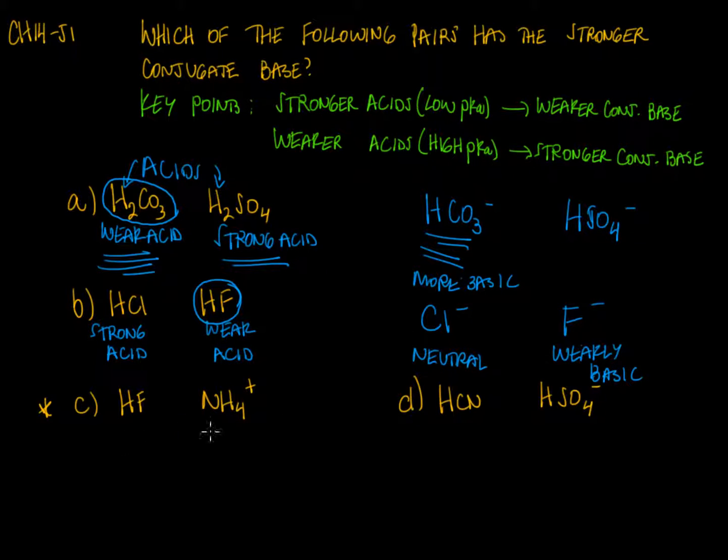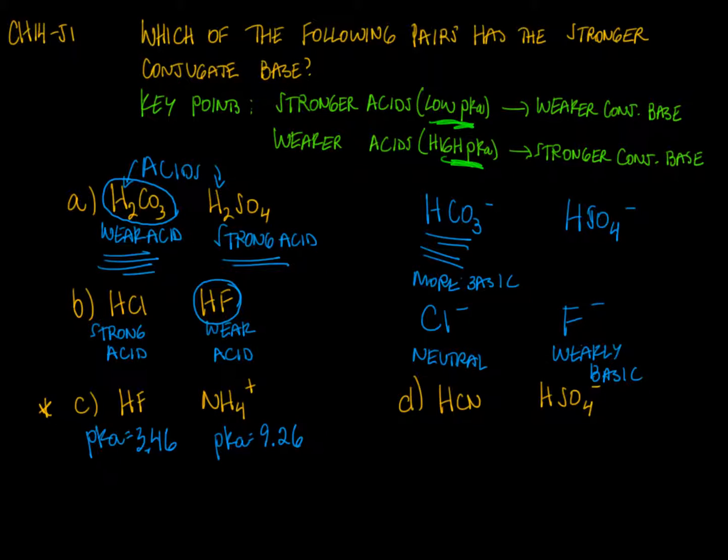All right, here we have HF and NH4 plus, and the textbook tells you to look at Table 14.1 and basically read it off of a table. But I thought I would tell you what the pKa's of these are. The pKa of HF is listed as 3.46, and the pKa for ammonium ion is 9.26. Probably another key point I should have put up here, well, I have it on here already: the lower the pKa, the stronger the acid.